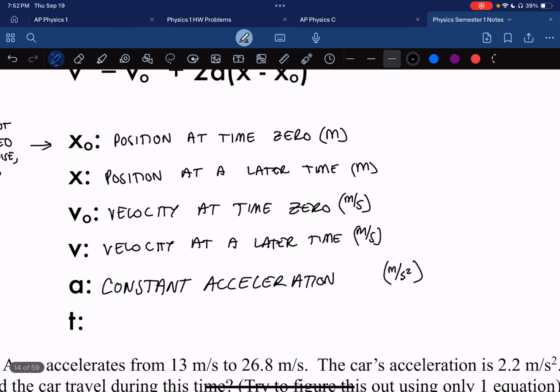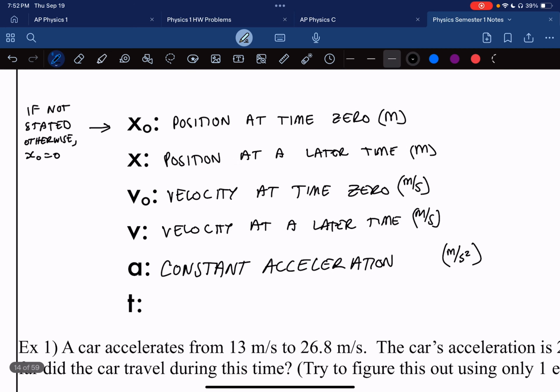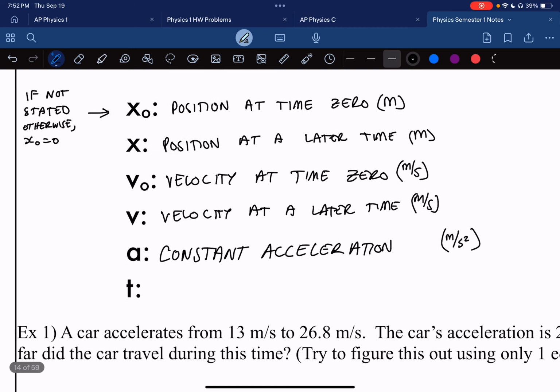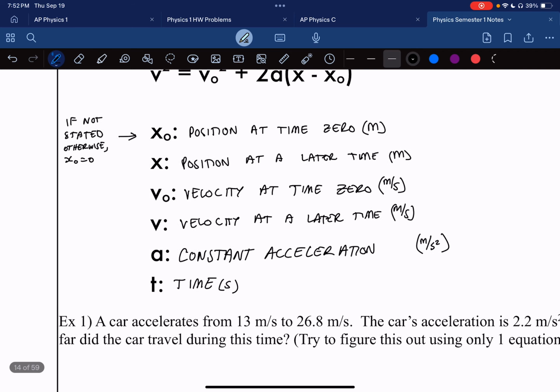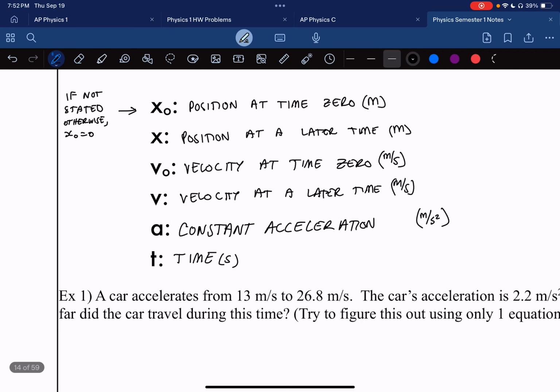Even though the one I just erased is what it really is, we will always see it this other way, so we'll just get used to this way of writing it. Maybe in this lesson or in a later lesson, I'll explain the meaning of meters per second per second. But we'll see if we get to that point. Okay, and of course t is time.